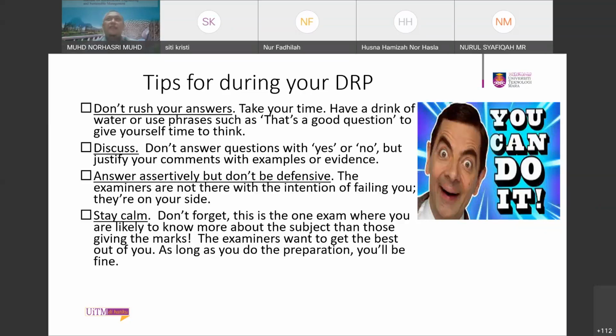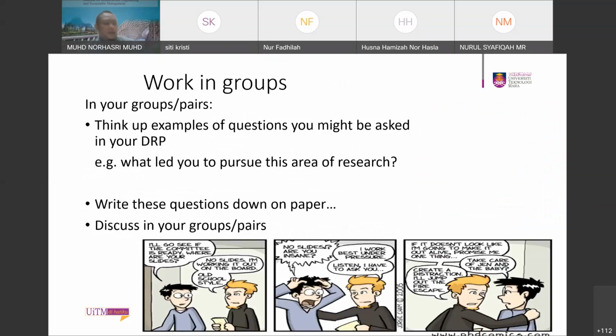Put some notes, keywords, so that if you are blank during the presentation, you can refer to it immediately. So this is also another trick or tip during the DRP.